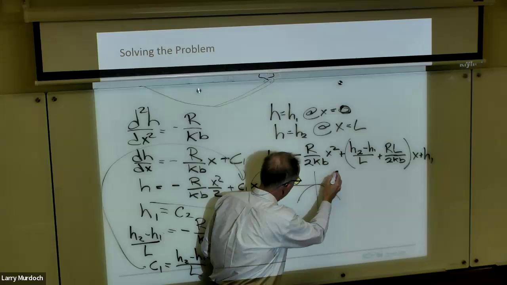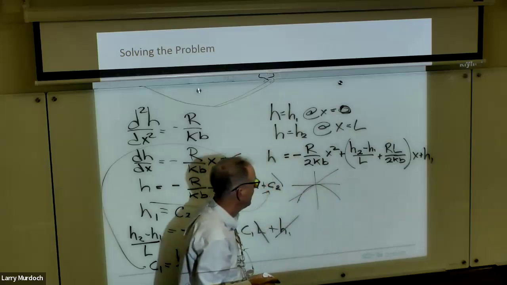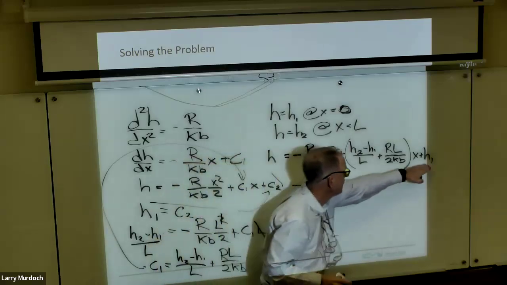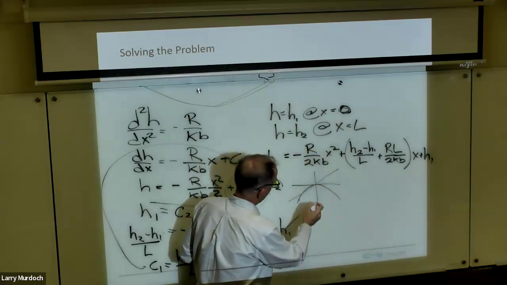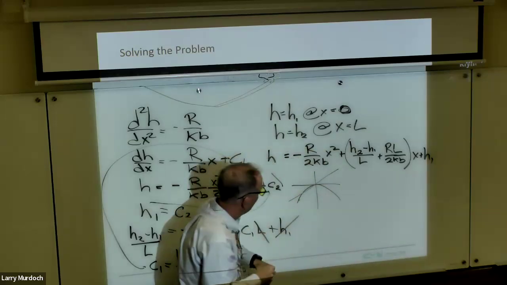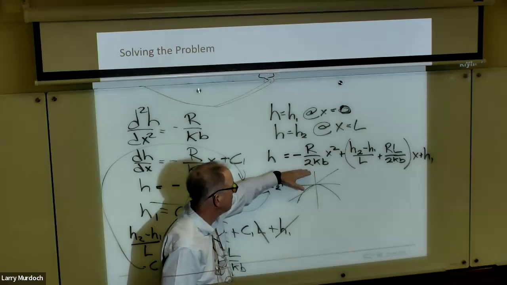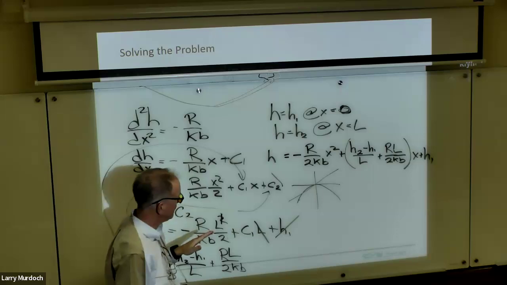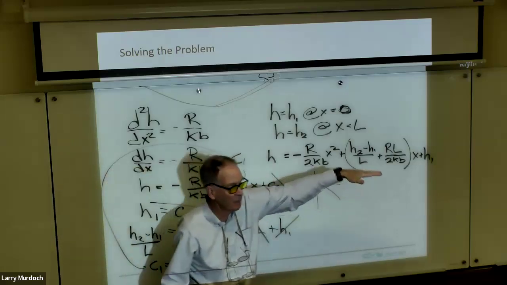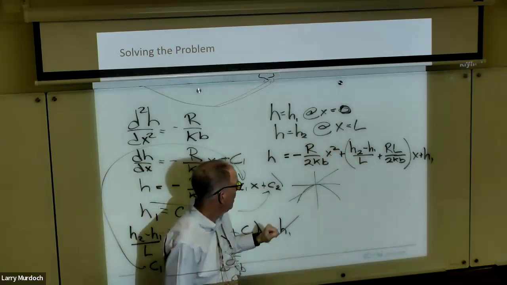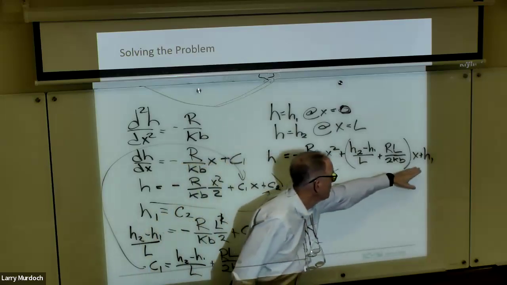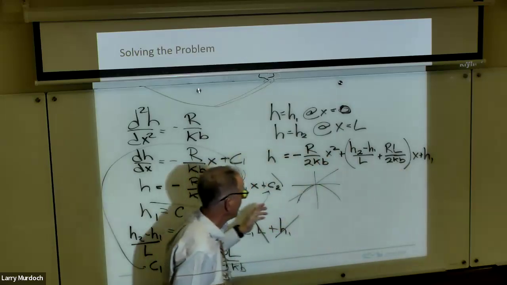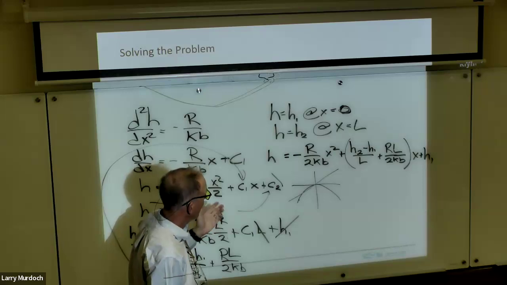So this looks like that. And then this is a constant, lifts everything up. Okay, so what we get from just inspection of this is we've got a curvature like this, and then this term kind of tips, and this raises it up so we can hit that boundary condition.